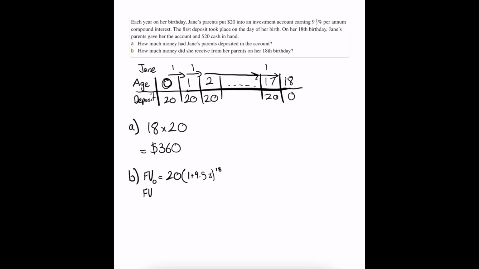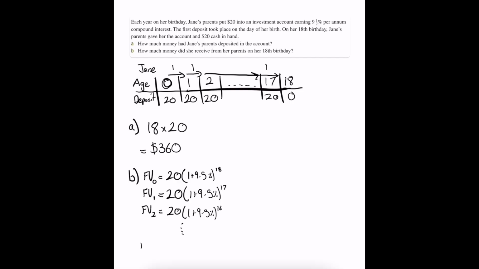The future value from the first deposit at age 1 is 20 outside of 1 plus 9.5% to the power of 17, because that's getting accumulated for 17 years. The future value of the second year deposit is 20 outside 1 plus 9.5% to the power of 16.